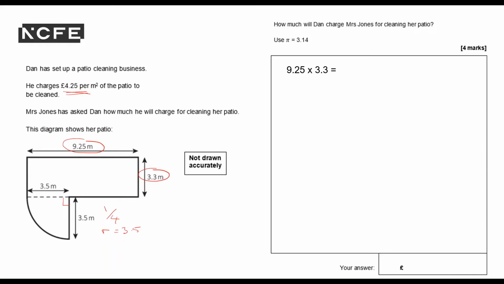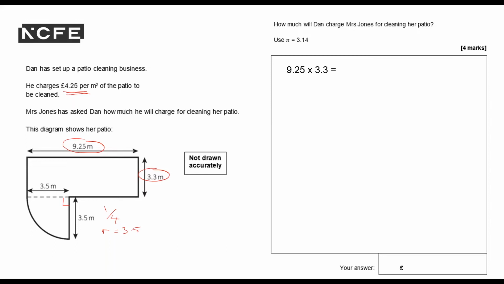I am going to put what I'm putting into my calculator into the answer box, because I know that sometimes I make mistakes with the calculator. So at least if I've got the calculation in the working box, then even if I make a mistake with my calculator, I can still be given a mark for the process.